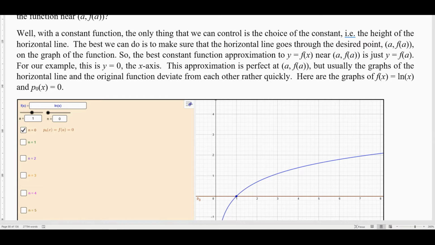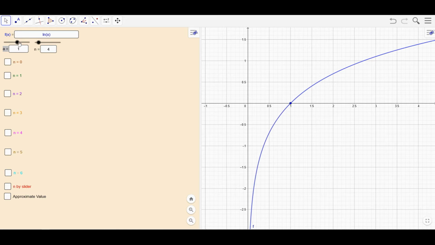So moving back to our formula here, if I move the a, first of all, there's the polynomial, and if I move this point around, I'm moving where that horizontal line is, but really all you can do is just match that particular horizontal line. Let's go back to a is 1 now.